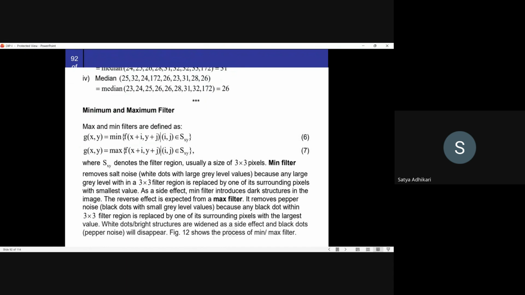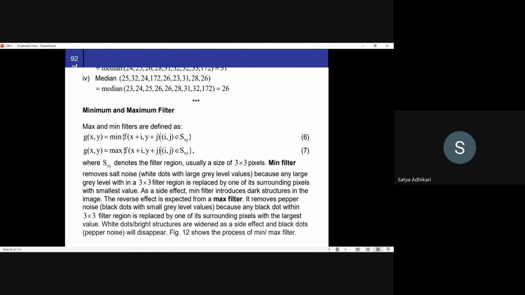The reverse effect is expected from the max filter. As the name suggests, the max filter is opposite to the min filter. It removes pepper noise. You know that the color of pepper is black. The black dot with small gray level values within the 3 cross 3 filter region is replaced by one of the surrounding pixels with the largest value, meaning a brighter, whiter value.